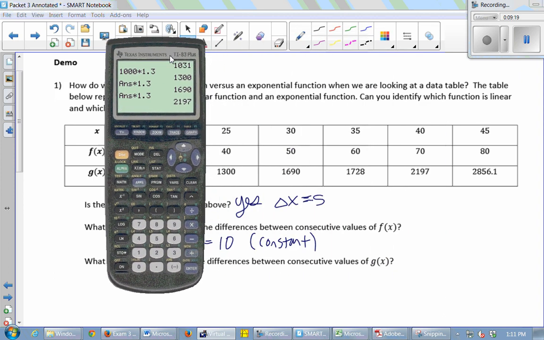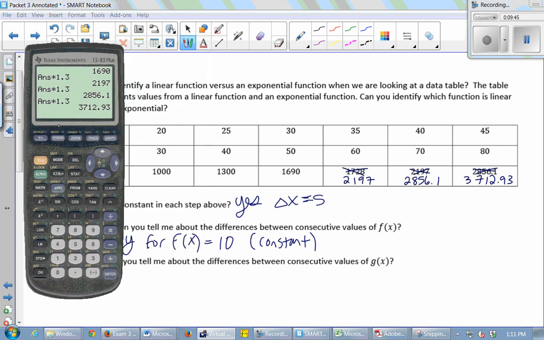Should be 1690, and then this should be 2197. So sorry, yeah, there's a typo in here. This is 2856.1 and 3712.93. Okay. So I was just fixing a typo there. The first three are fine, yeah.